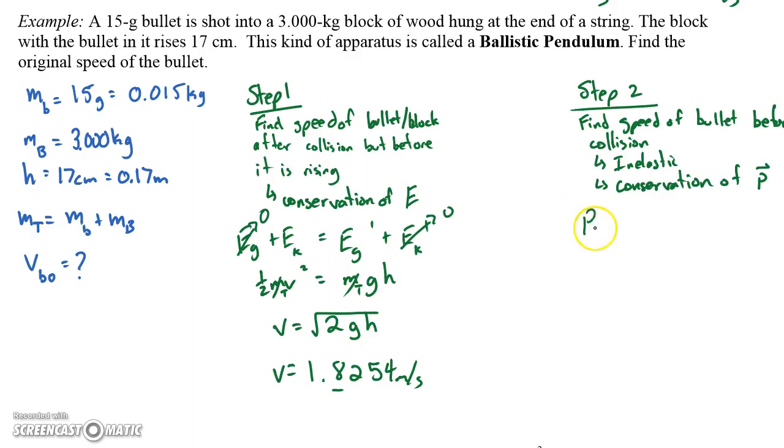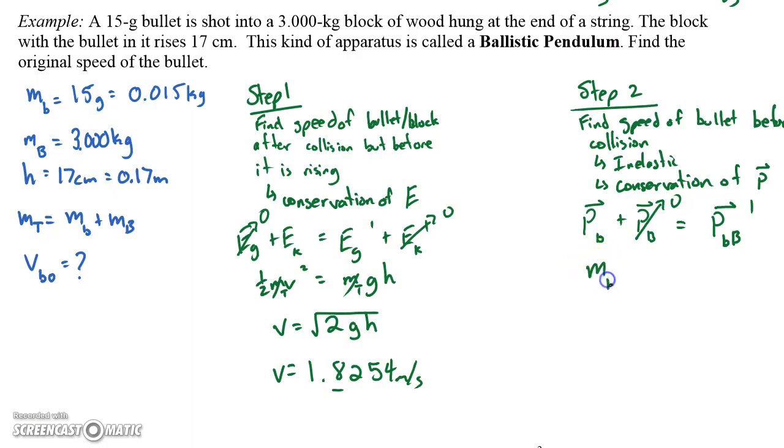So if we're thinking about this, we're going to have the initial momentum of the bullet plus the initial momentum of the block is equal to the momentum of the bullet and block afterwards, because they're all one, so they have the same speed and a total mass. Now the block is not moving, it's just hanging there, so this is actually 0. So this, again, simplifies our calculations a little bit.